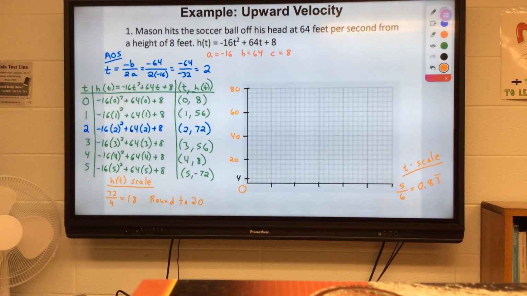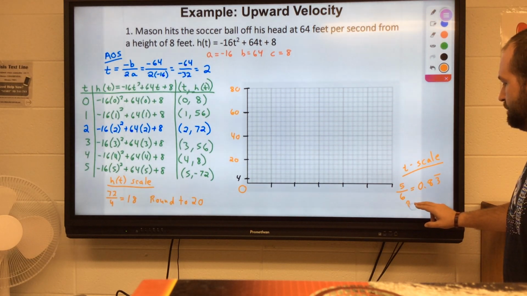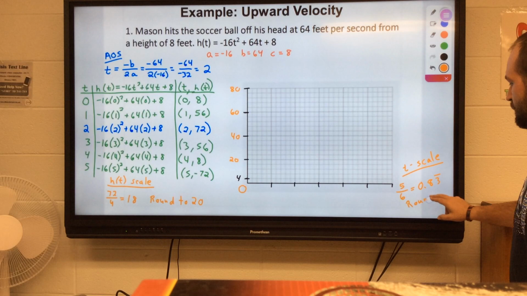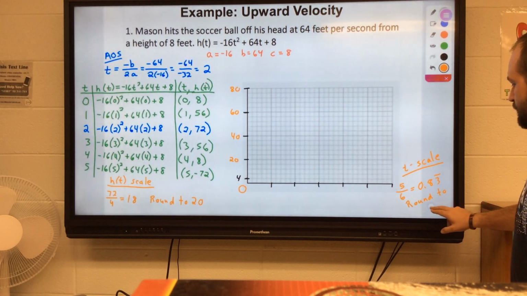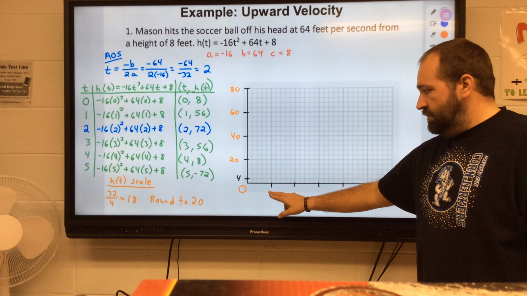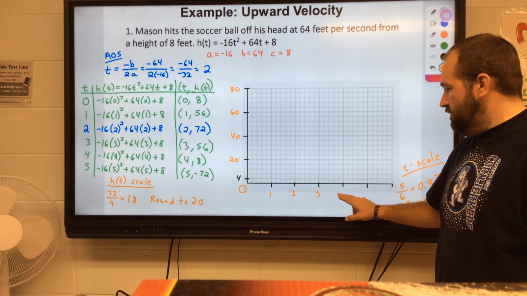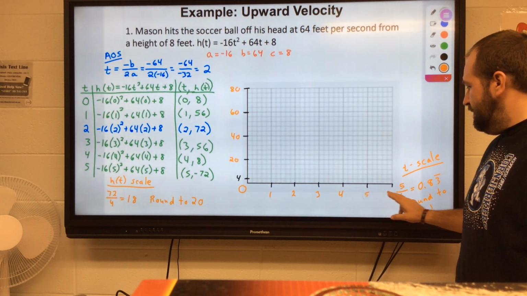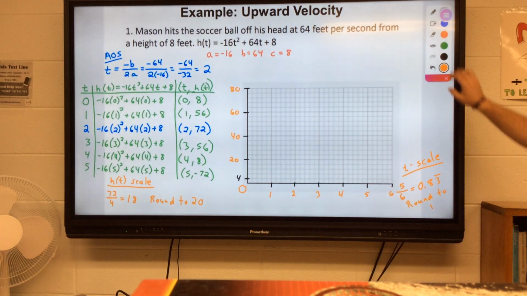You could round it to a half. That works out kind of nicely at times, but for this purpose, we're going to round it to 1, which gives me 1 here, 2 here, 3 here, 4, 5, and 6.